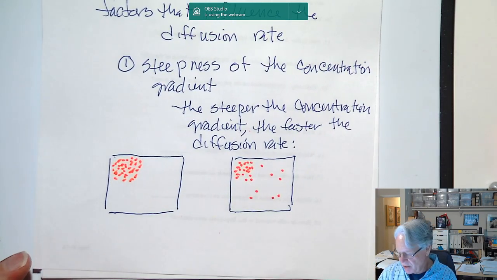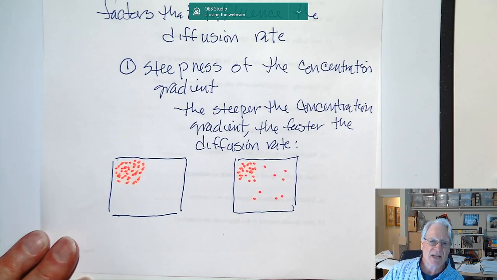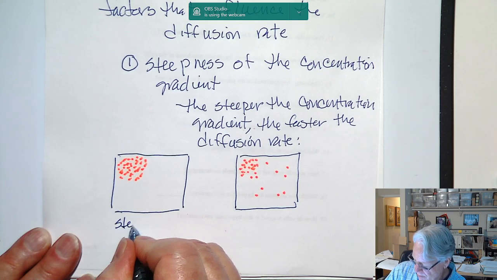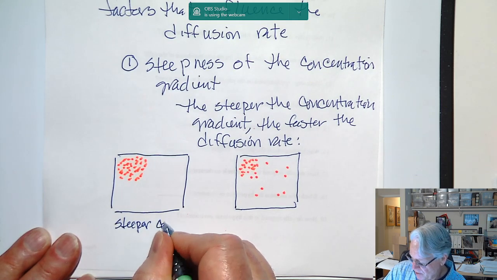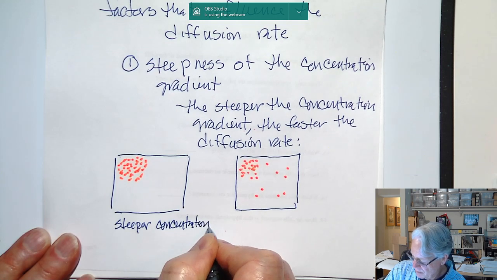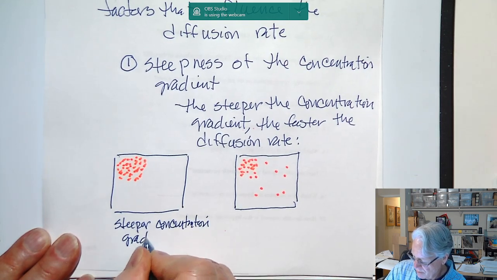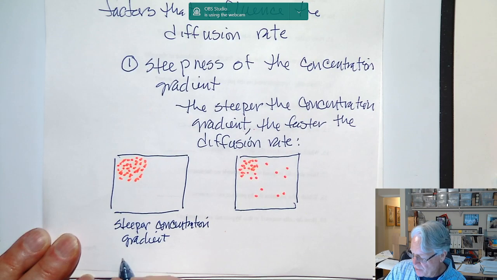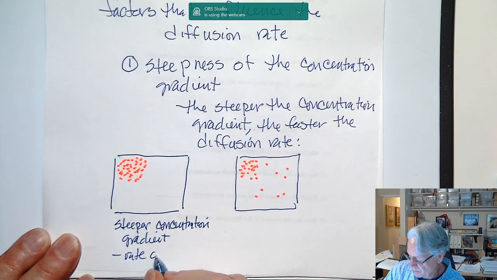So which one has the steeper concentration gradient? Okay. So this has a steeper concentration gradient. And the rate of diffusion is faster.